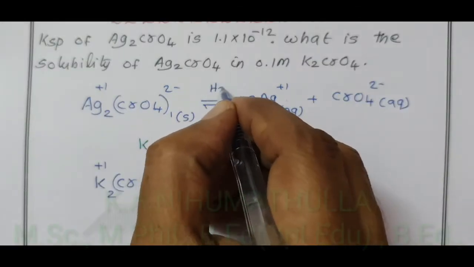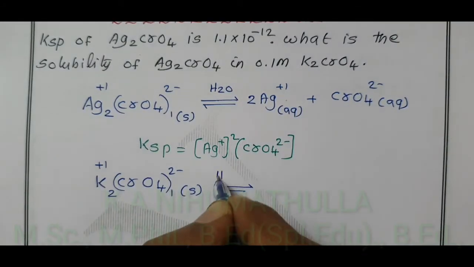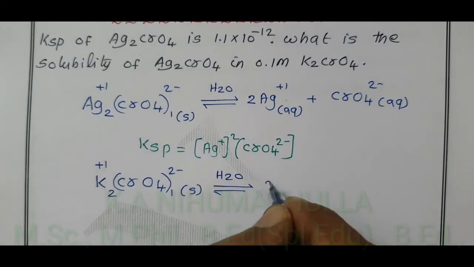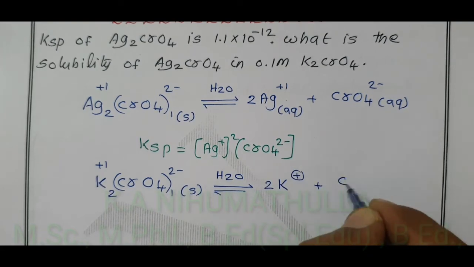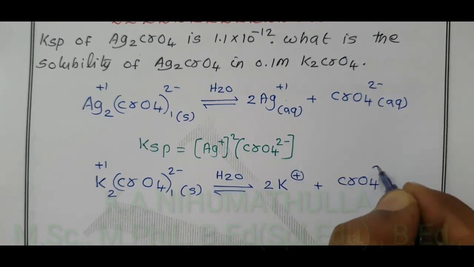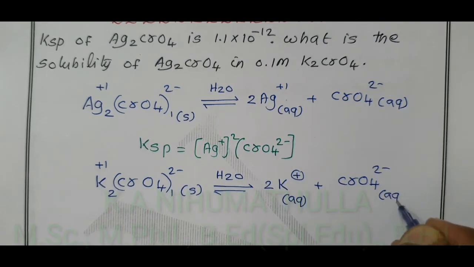When added with water, it undergoes ionization and gives 2K plus ion and CrO4 2 minus ion. This is in aqueous medium, that is also in aqueous medium.